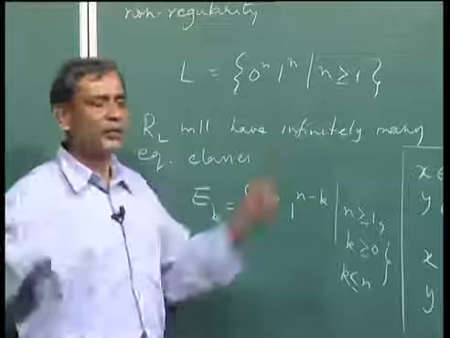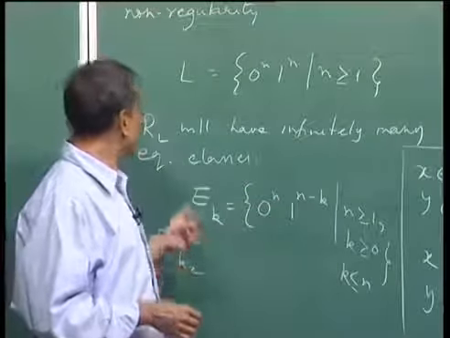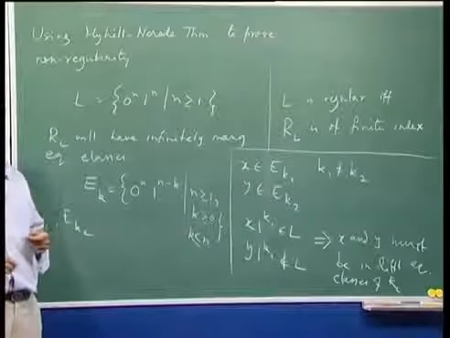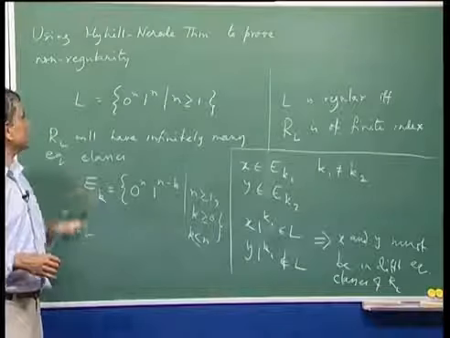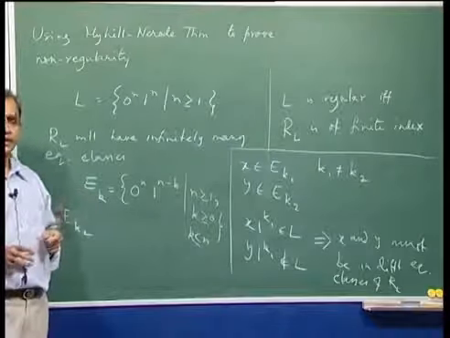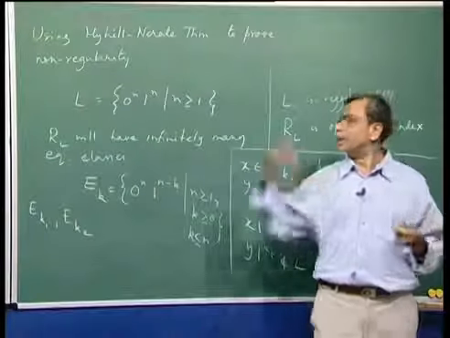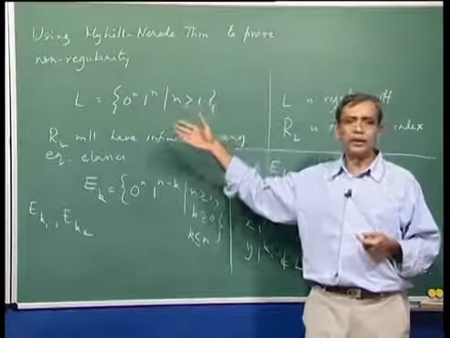They must be in different equivalence classes, and therefore the number of equivalence classes of RL for this language must be infinite. Therefore, this proves that the language L is not regular. So, this is a direct application of the Myhill-Nerode theorem to show a language to be not regular.